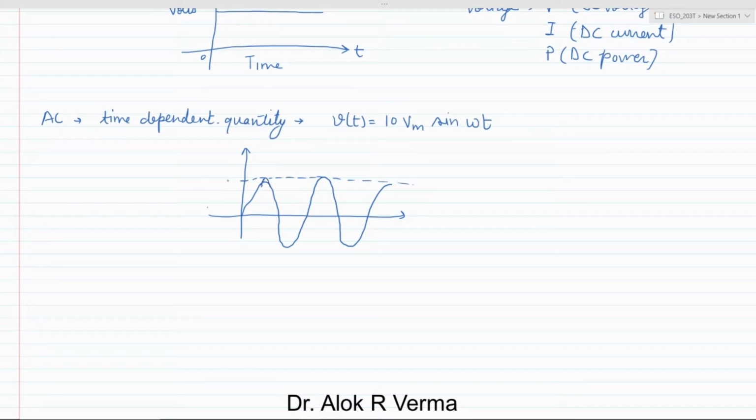Peak value is Vm. The voltage, this is time. So here in this case, t is the instant at which the voltage is following this particular function, which is AC. So it is basically a time. Omega is angular frequency.